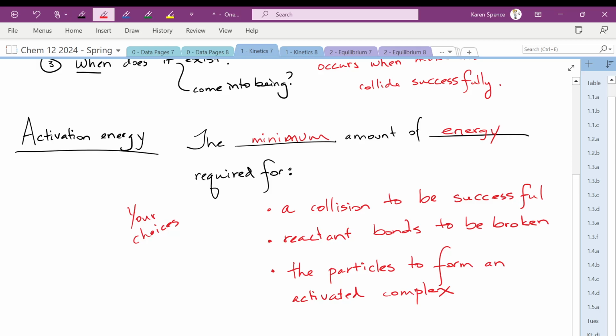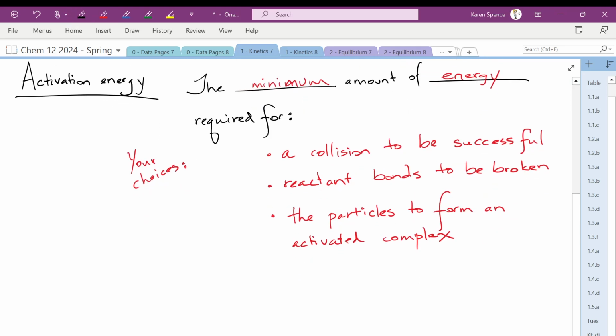Okay, does anyone have any other ones? There's possibly other ones, I don't know. But those are pretty good. You can take your pick. Any of those will do. All right, and if we wanted to make a diagram of the activation energy, what would we draw? There's actually a couple things we could draw. We've drawn a couple of different types of diagrams.